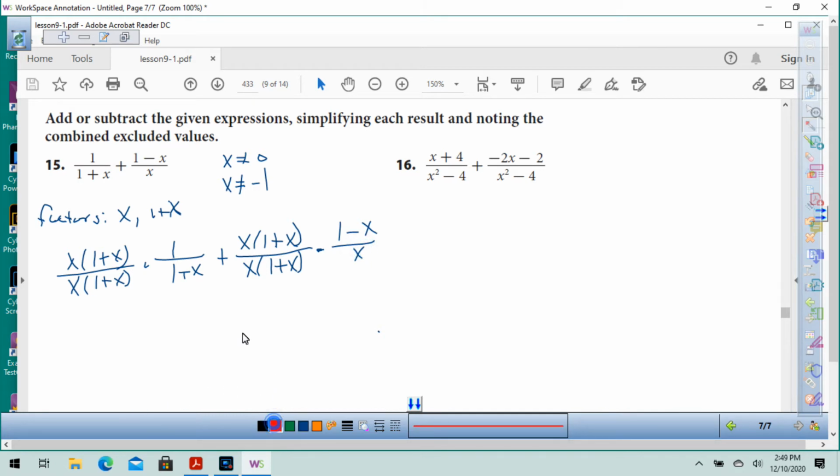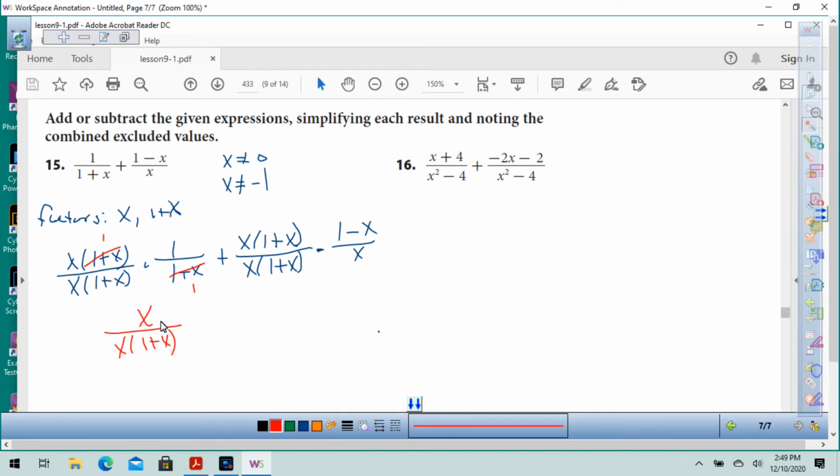Now let's see what I can do. 1 plus x and 1 plus x, those cancel out. And x times 1 is x. And then, of course, this is 1. And that's going to give me x over x times (1 plus x).